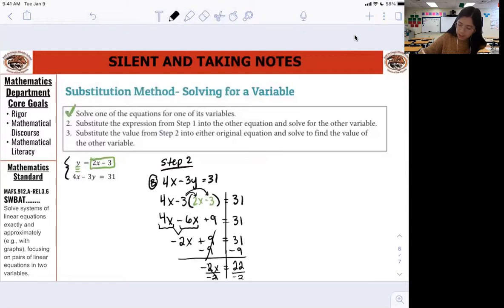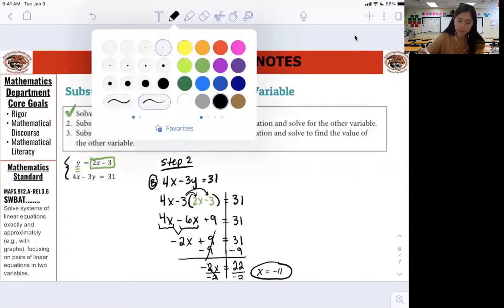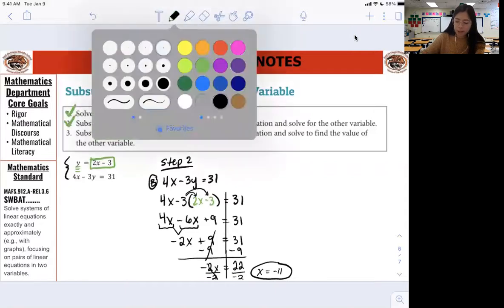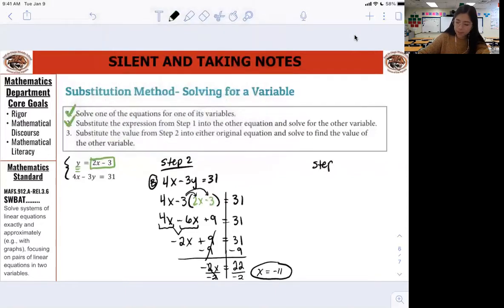And since I'm dividing by negative 2, I get x equals negative 11. That's my answer for step 2. Now I can move on to step 3. In this case, since I definitely got an actual answer, there's no solution, it's not infinite solutions, I can move on to step 3.